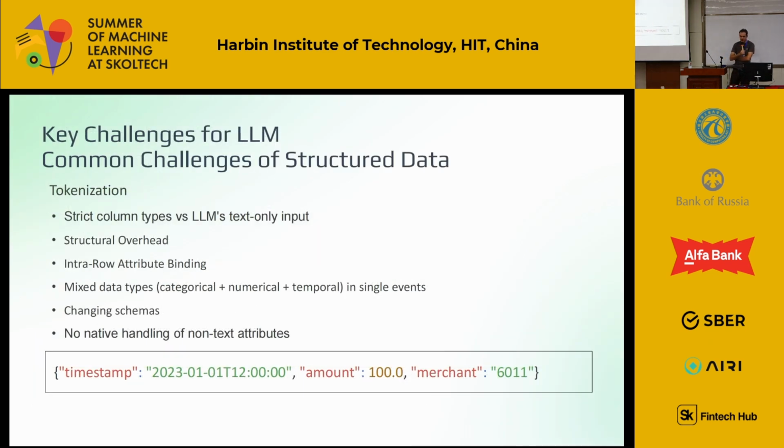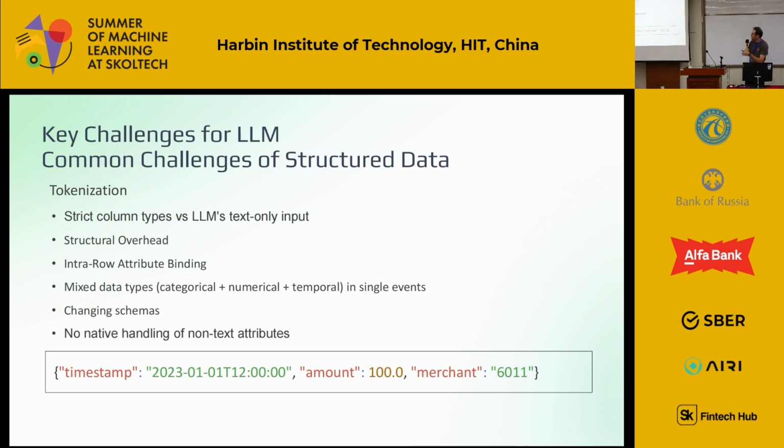So we start from large language models, and they work very well for many tasks, but for sequences they have some gaps. The first is the transfer from structured format to language.